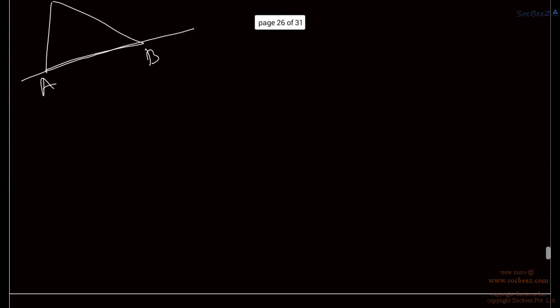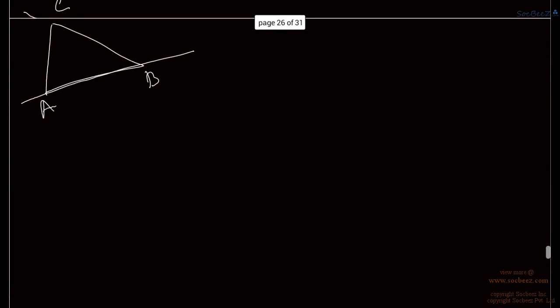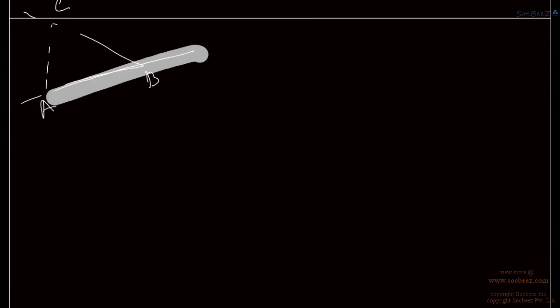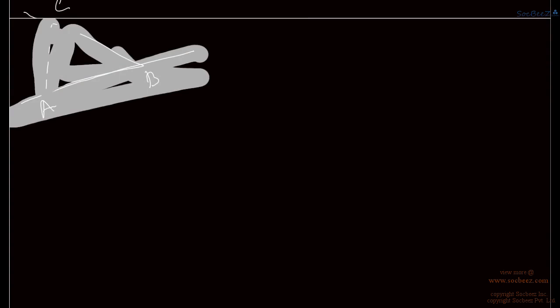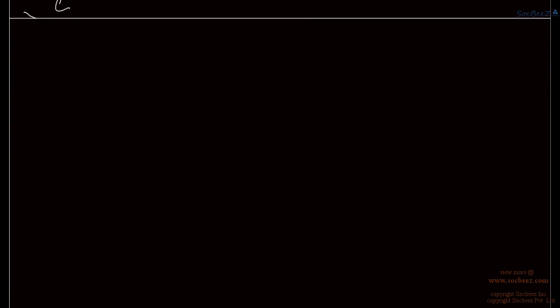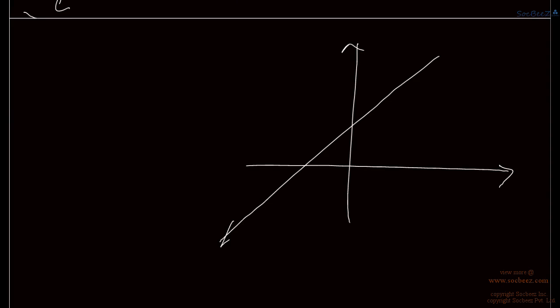If a point lies within a triangle, say there is a triangle ABC. Let us first look on, say this is a coordinate system.